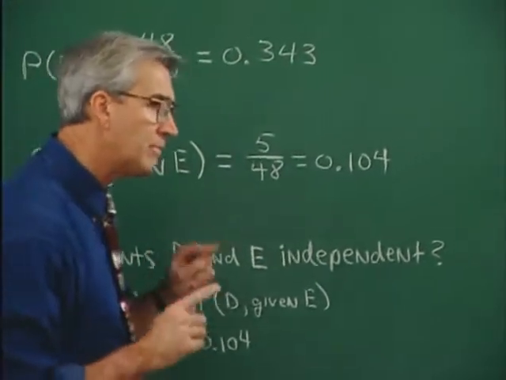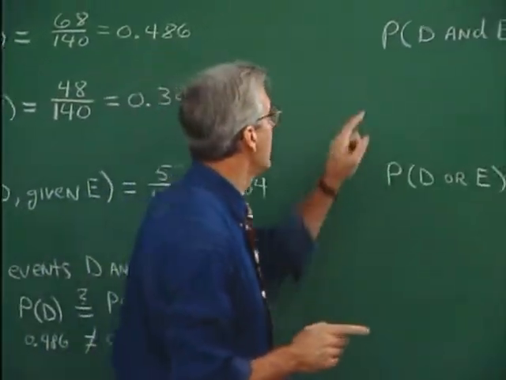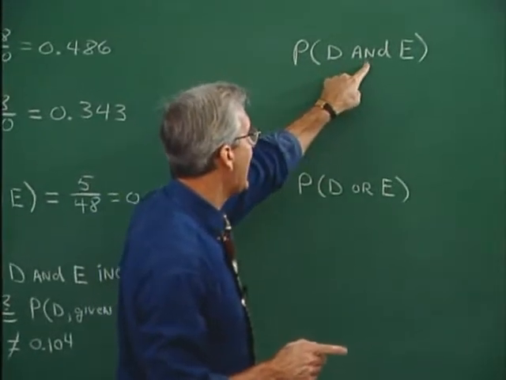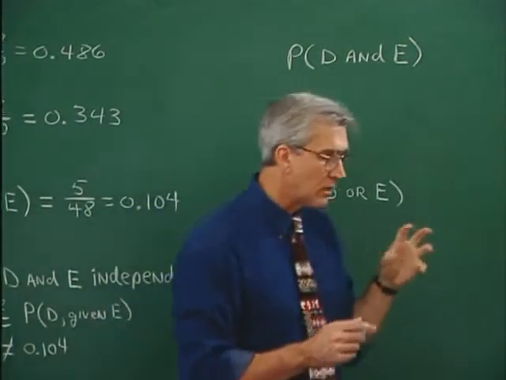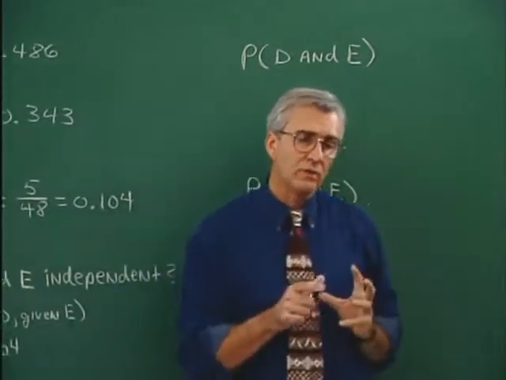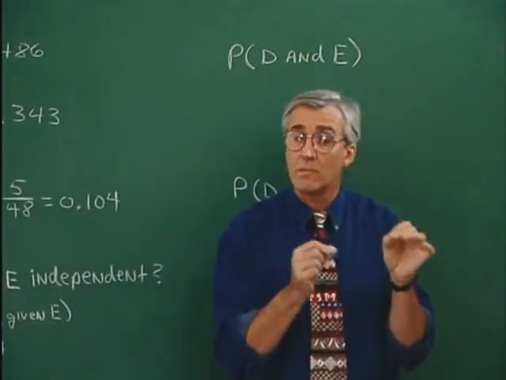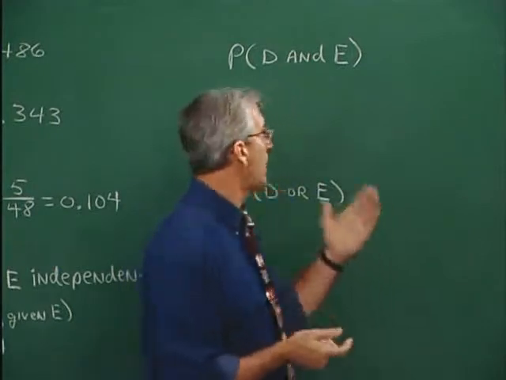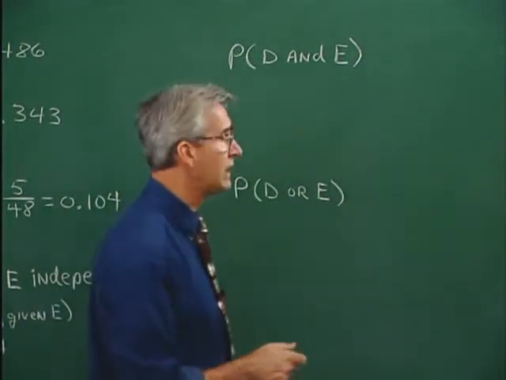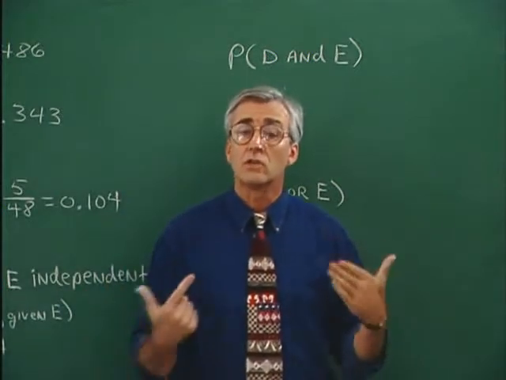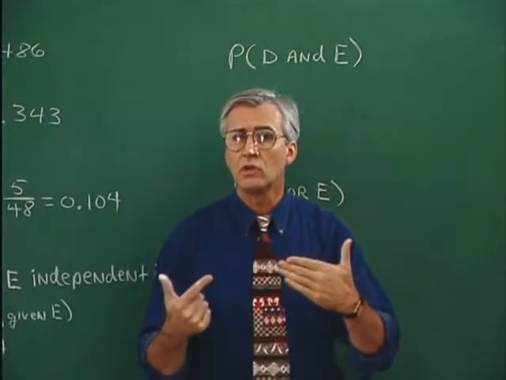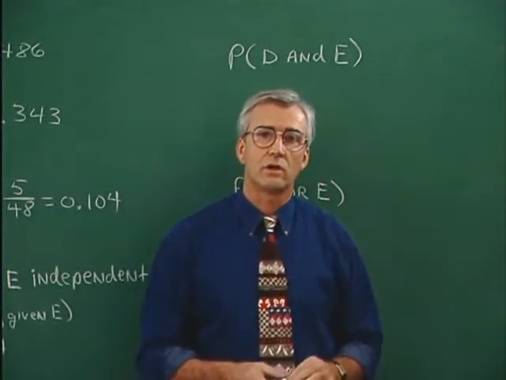If they're not independent events, then how are we going to calculate the probability of D and E? Well, the AND business, remember when we're talking about independent events and the AND statement, we multiply probabilities. It would be the probability of D times the probability of E. But these are not independent events. These are dependent events. So we have to use one of the two formulas that we talked about before.